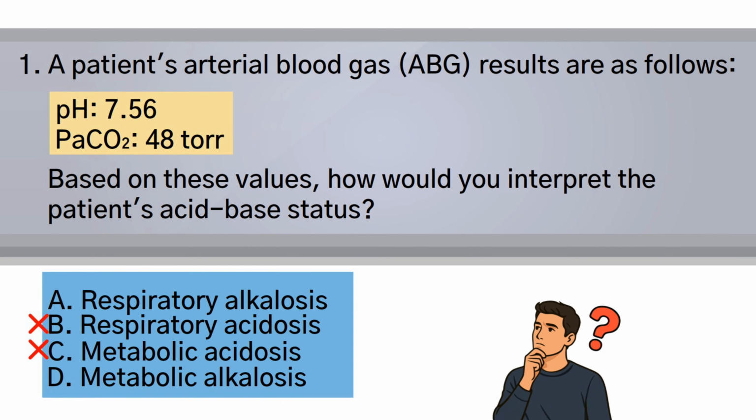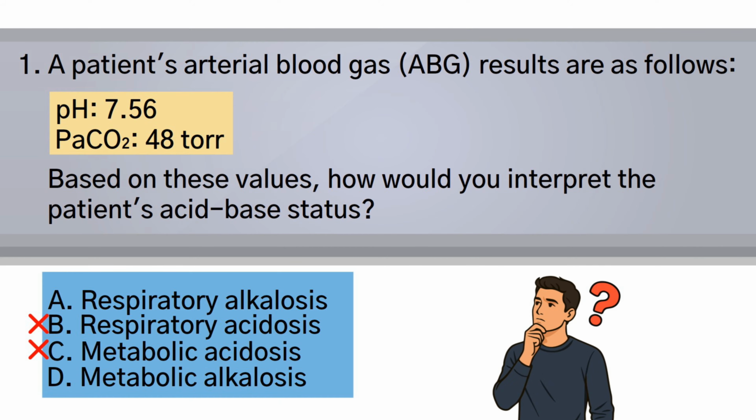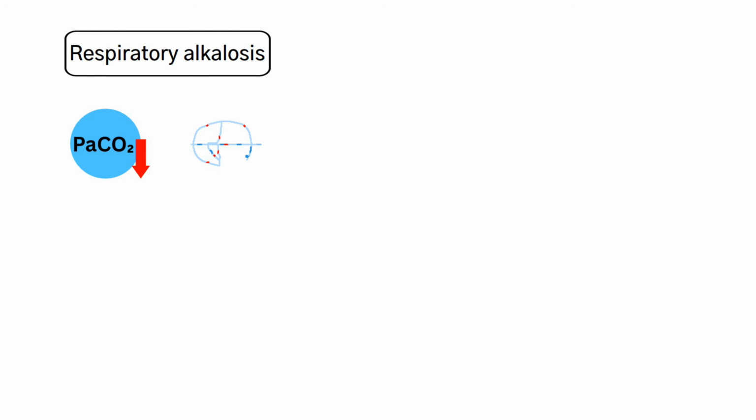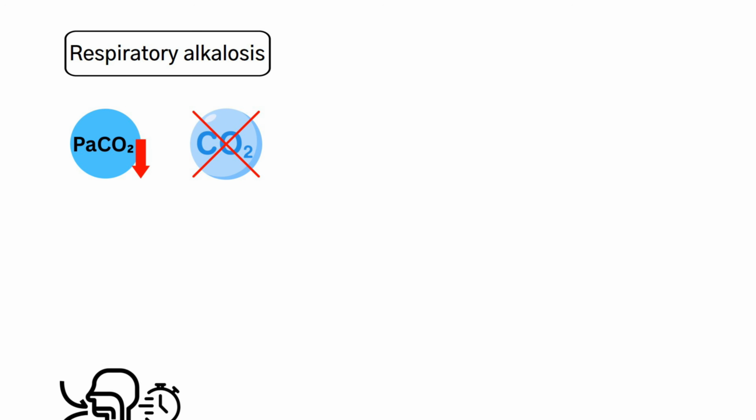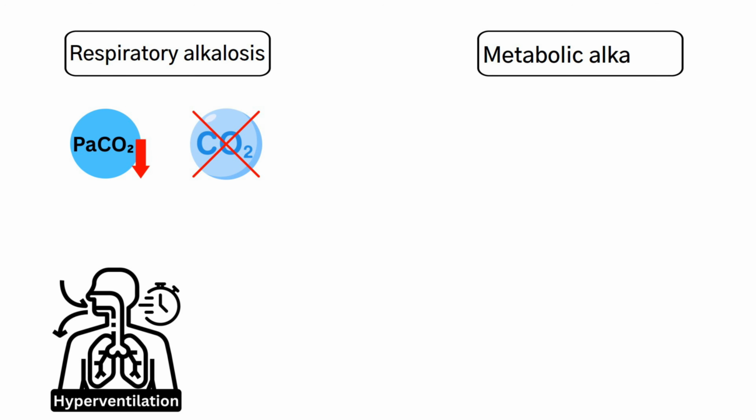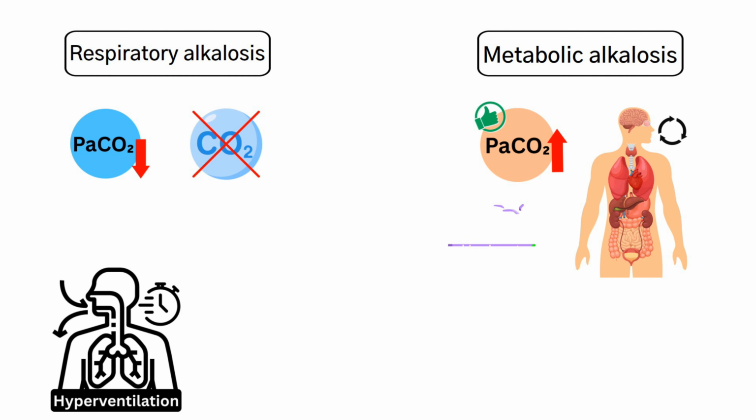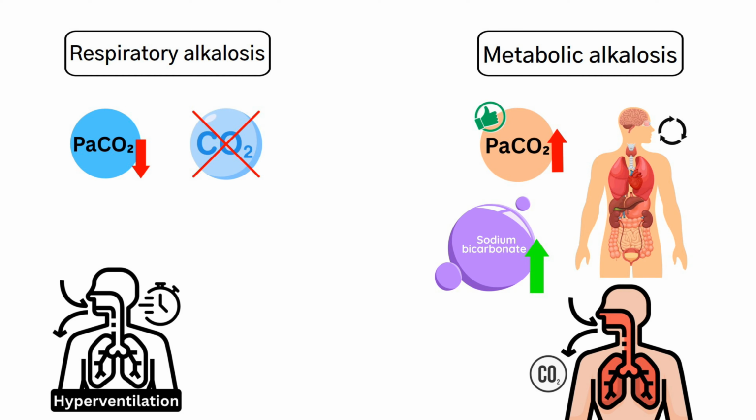The next step is to determine whether the alkalosis is respiratory or metabolic. In respiratory alkalosis, the PaCO₂ would be low because of excessive carbon dioxide elimination from hyperventilation. In metabolic alkalosis, the PaCO₂ may be normal or even elevated, since the body often tries to compensate for increased bicarbonate by retaining CO₂.